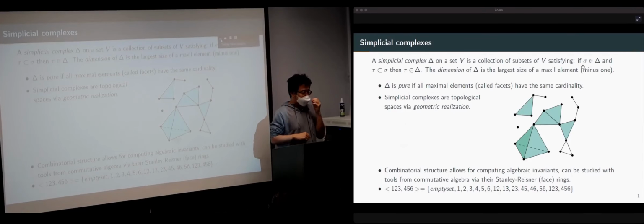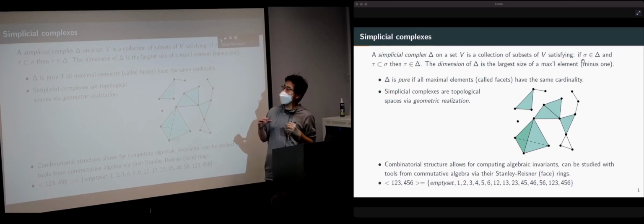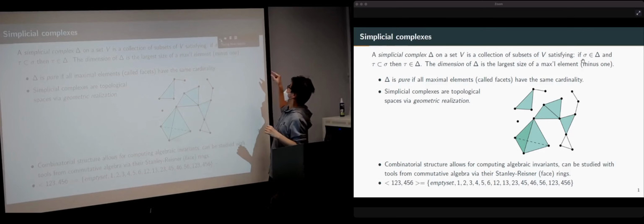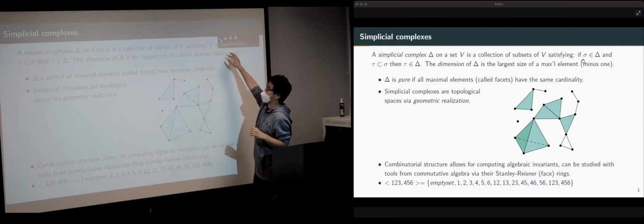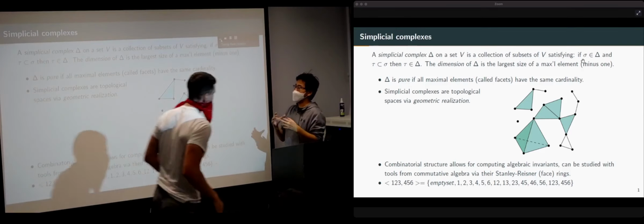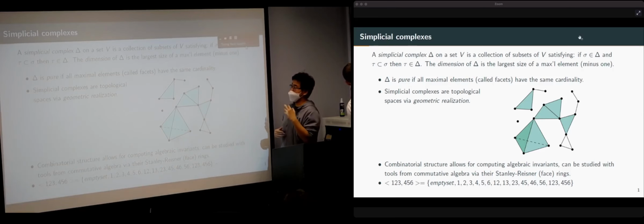So let us start with the basics. The main object that we are going to be dealing with are simplicial complexes. So what are simplicial complexes? It's just a collection of sets that satisfy, well, it's hidden here, but whenever you have a set inside your collection, every subset of that set has to be contained in the collection as well.